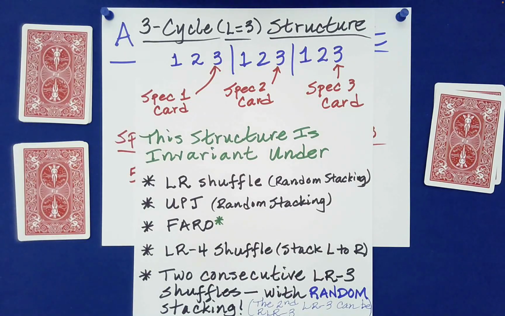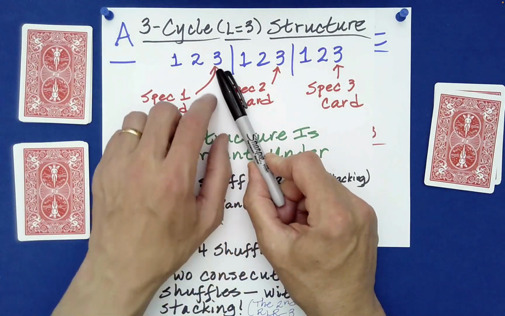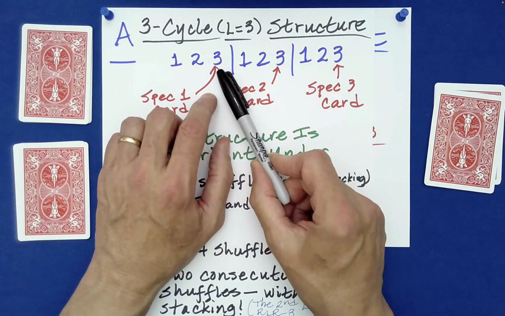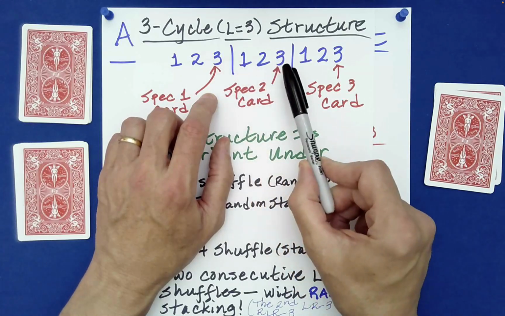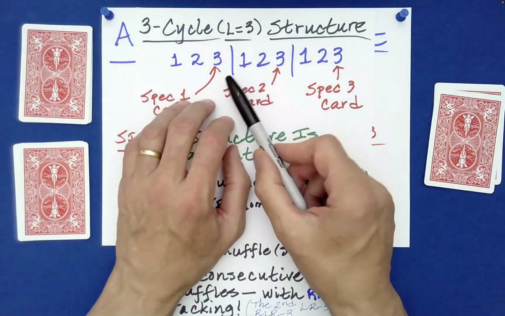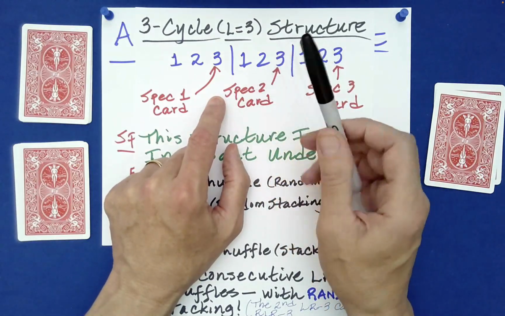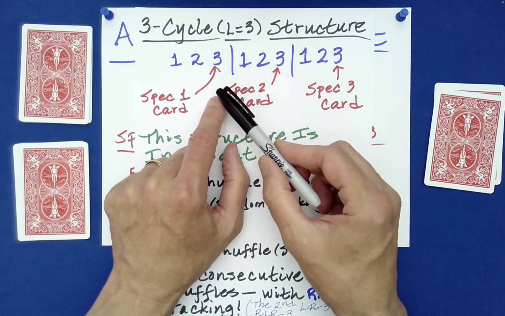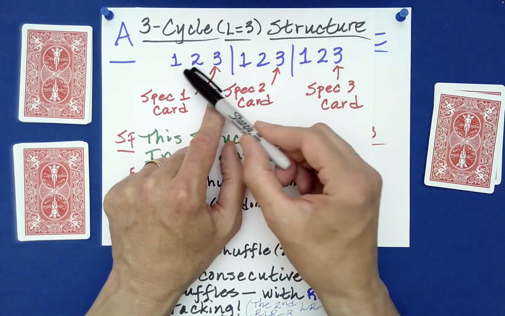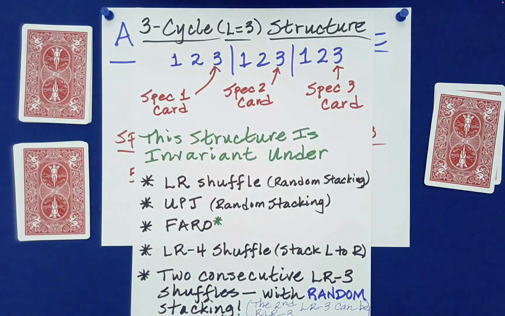So we simplified it down to just being concerned about preserving the relative positions of the initially bottom card of each packet of 3. So we essentially put the spectators' cards in a cyclic configuration relative to each other, and then we ignored what the top 2 cards were on top of each of the spectators' cards.